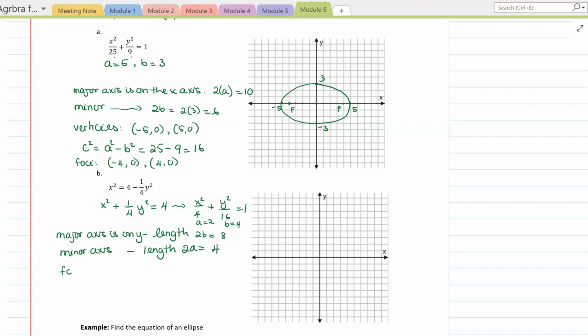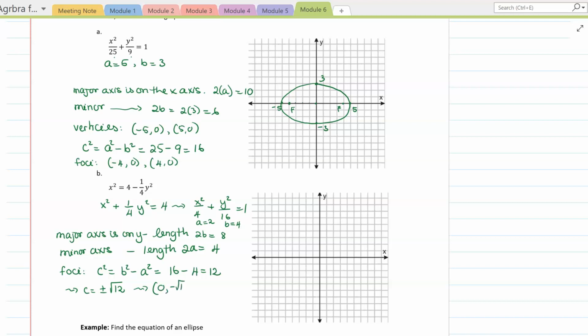The foci: c squared equals b squared minus a squared in this case, that is 16 minus 4, which is 12. So c is equal to plus or minus root 12. Because the major axis is on y, the foci are on y as well.